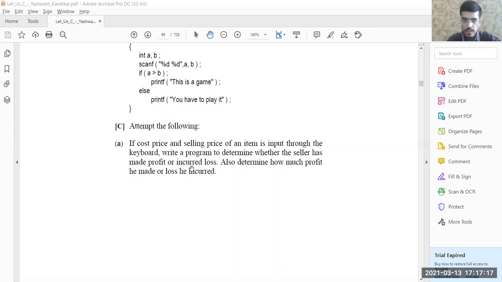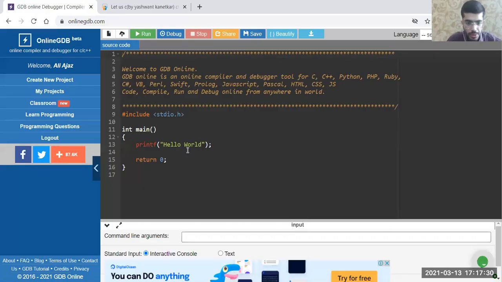So to solve this question, first of all let me quickly open my Turbo C or the online compiler, and here we go. I am creating four floats over here.